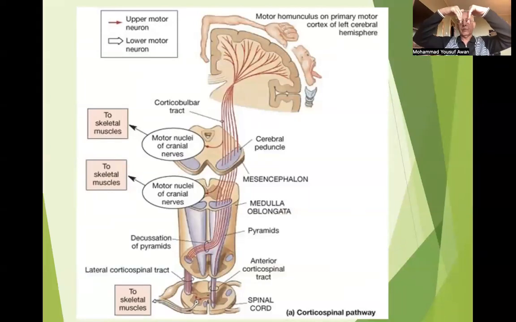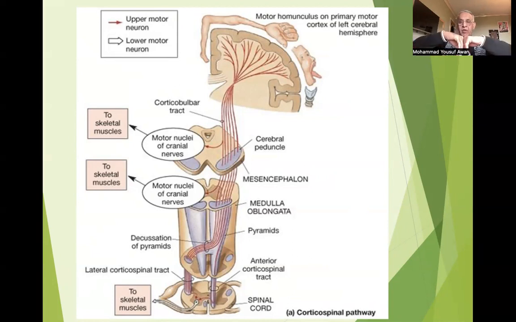If you visualize both hemispheres lying like this, this is the leg part, represented on this part of the hemisphere. So any lesion involving this part of the hemisphere will cause a problem with the leg on the opposite side.